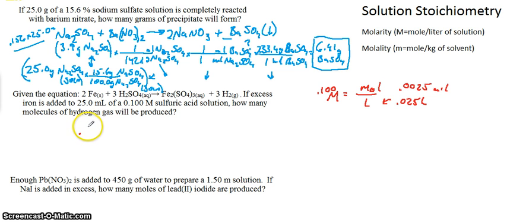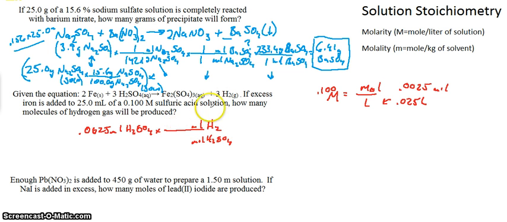So I would start with, what do I get here? 0.0025, and this is moles of sulfuric acid, H2SO4, and I'm going to go from moles of H2SO4 to moles of, what do they want? They want the hydrogen gas, so that's H2.